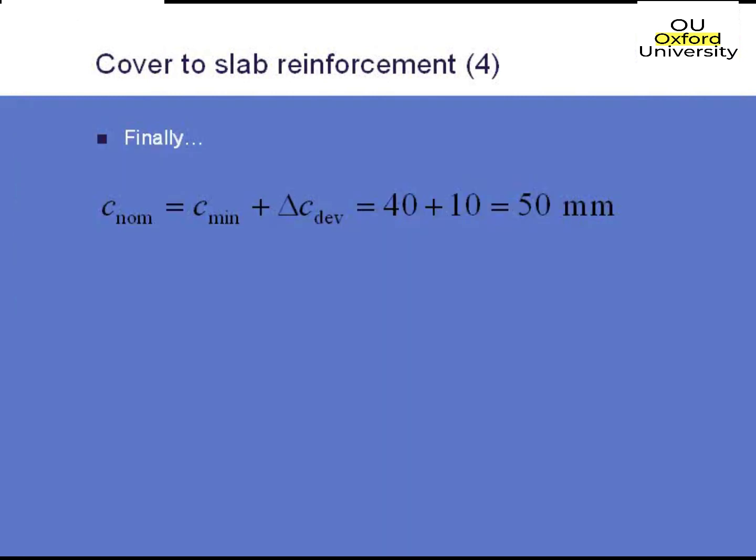And from there we then just add on this delta C dev, which is 10 millimeters, because we've a normal reinforced concrete member cast in situ. And that means that our C nominal for the cover is 50 millimeters.